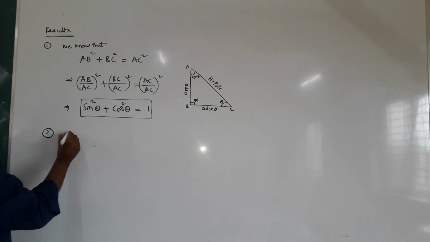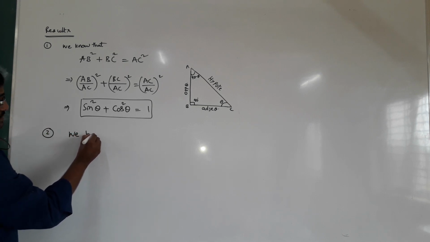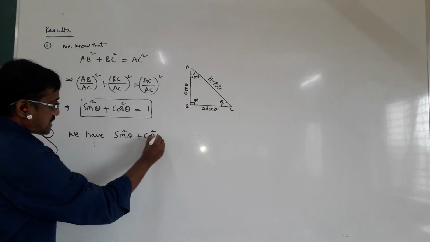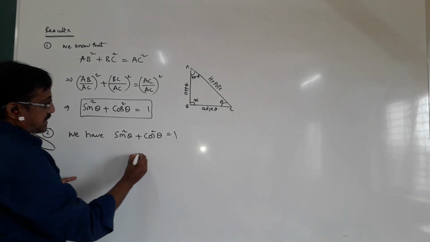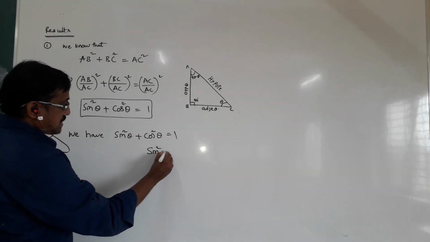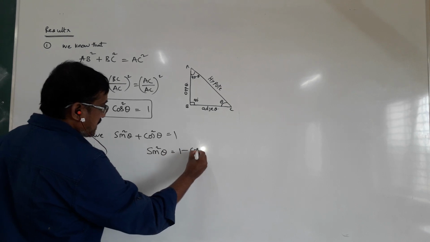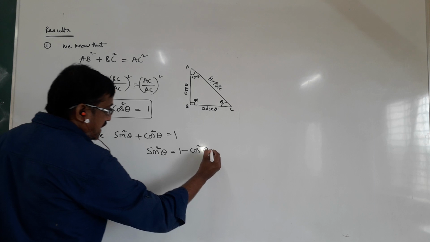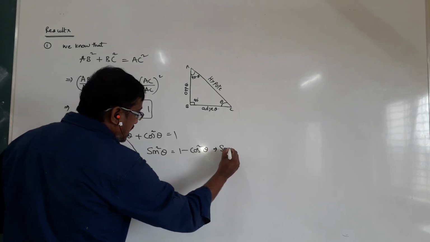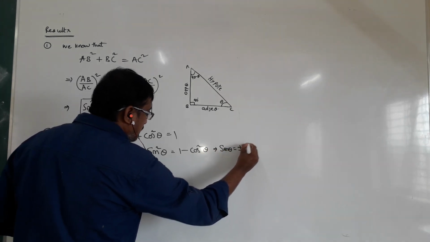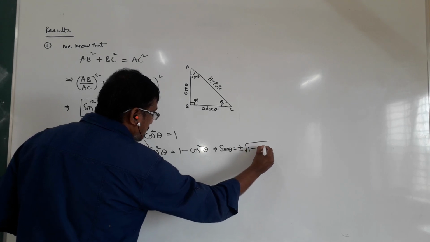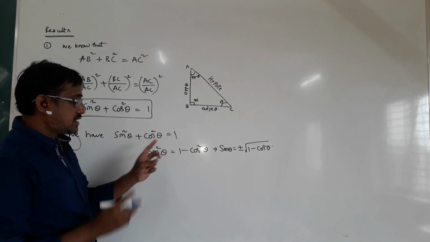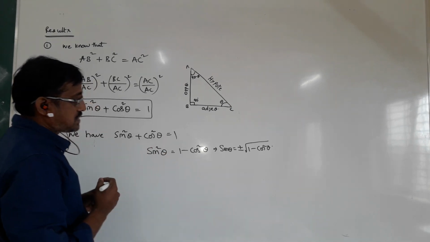Now from this we have sin square theta plus cos square theta is equal to 1. Now you can write like this: sin square theta is equal to 1 minus cos square theta, and sin theta is equal to plus or minus root over 1 minus cos square theta. When you take square onto right side, it will become square root.